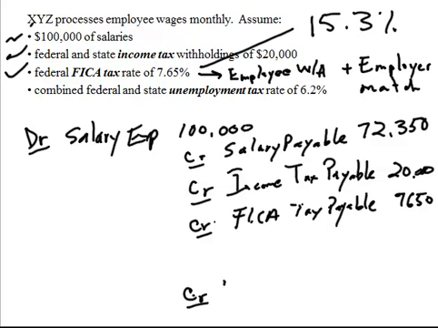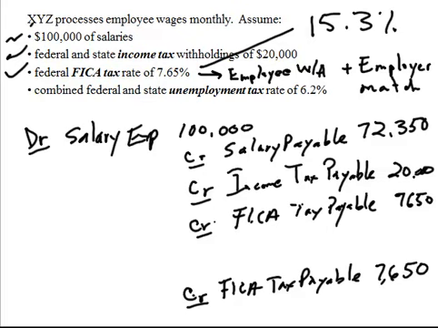So we must credit FICA tax payable for the employer's portion of the FICA tax. The withholding here represents the employee's portion. We now have to match it with an employer portion as well. Lastly, the employer is obligated to pay unemployment tax to the federal and state governments, in this case, at a rate of 6.2%.